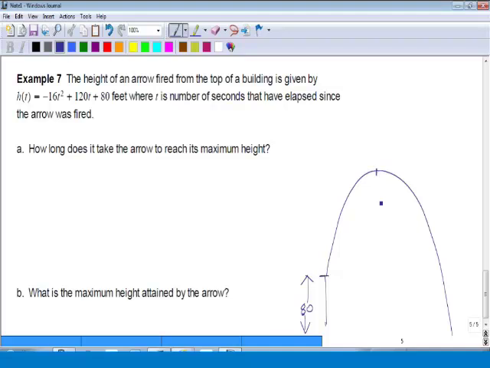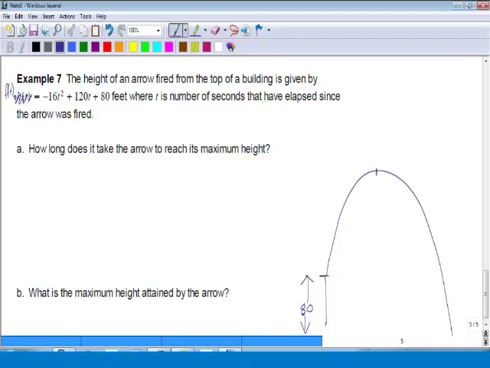Well, the function here, and really I should call it maybe f of t instead of h of t, because h represents the x-coordinate of the vertex. So the function gives the height at any given time. We want to know what's the value of t that makes that as great as possible. So the vertex of this, the x-coordinate, is going to be the time, and the y-coordinate, the function value, is going to be the maximum height.